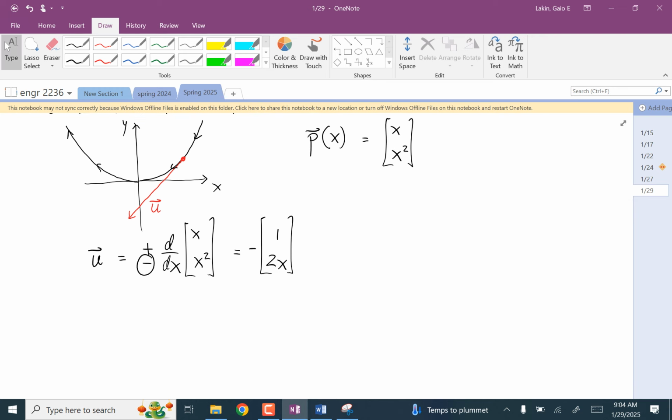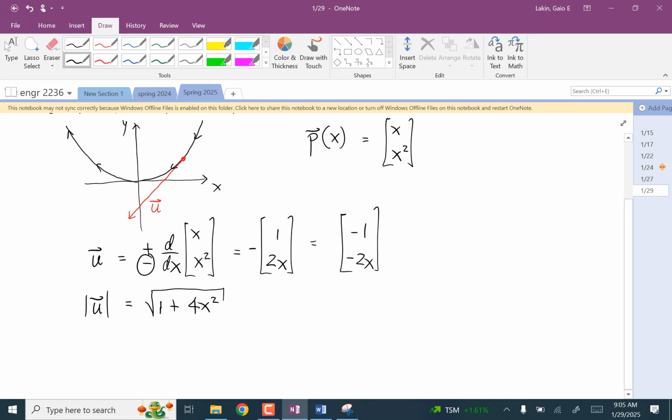And now we want the unit vector in that direction. So the magnitude is, you could write this as -1, -2x. So the magnitude of this vector is the square root of -1 squared plus -2x squared, 4x squared.